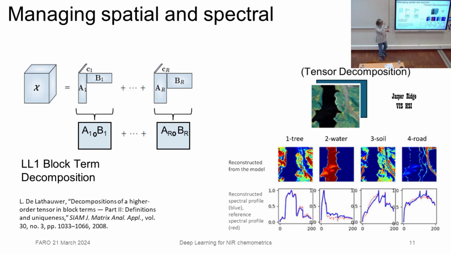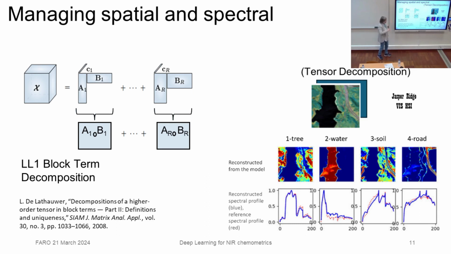And one method which is becoming popular is the so-called block term decomposition with the LL1 rank. What does it mean? It means that we do a decomposition like in the picture.